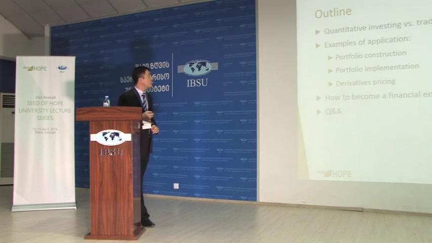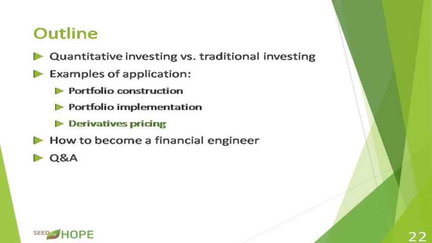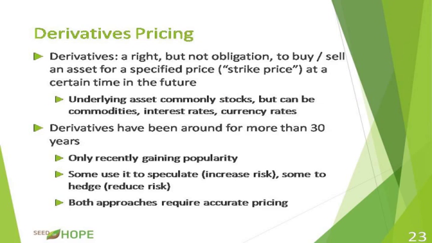The third example of application is in the area of derivatives pricing. A derivative is a right, but not an obligation, to buy or sell an asset at a specified time in the future for a certain price. So for example, I have a piece of paper that says the owner of this piece of paper can buy the stock of Coca-Cola for $30 a year from now, right?